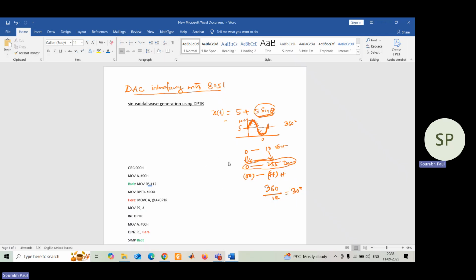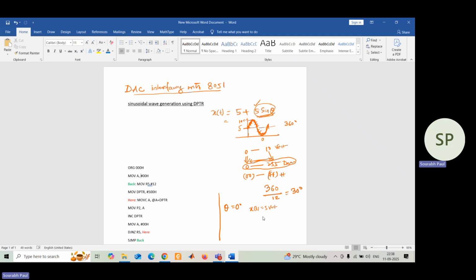If I take a 30-degree interval, then the first angle is 0 degree. For theta equal to 0, this signal becomes 5 plus 5 sine 0, and since sine 0 is 0, ultimately I get x equal to 5 volt. In the analog system, x equal to 5 volt, what should be the corresponding digital or decimal value?